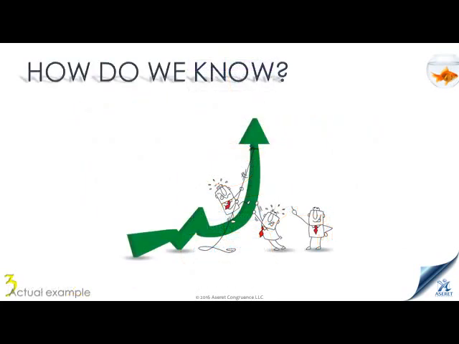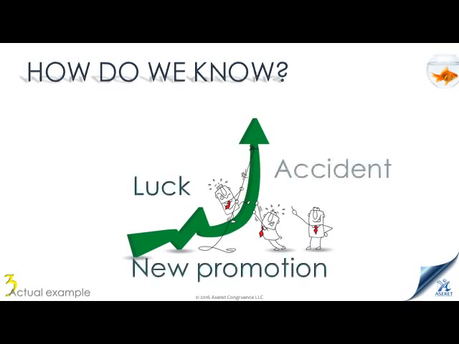The key question we need to answer is whether any increase in sales or productivity is associated with training or is simply linked to an accident. This is where we take the example that we gave earlier into practice and actually measure what happens if we help people grow and develop their skills.